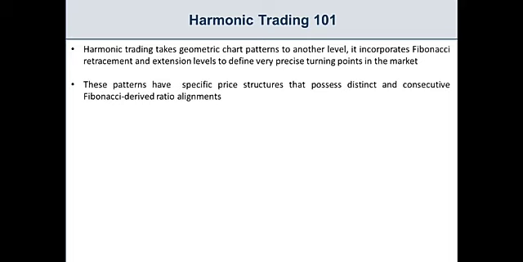If it doesn't hit the specified Fibonacci ratios, you will not be trading a harmonic pattern, and you will not in fact be trading a high probability setup. So you have to be very precise when you are calculating the length of the waves on these cycles, and in this module we are going to teach you all about that.